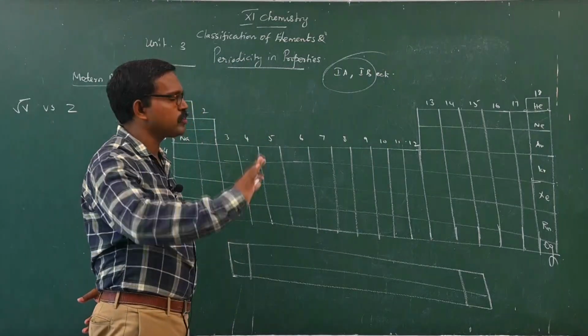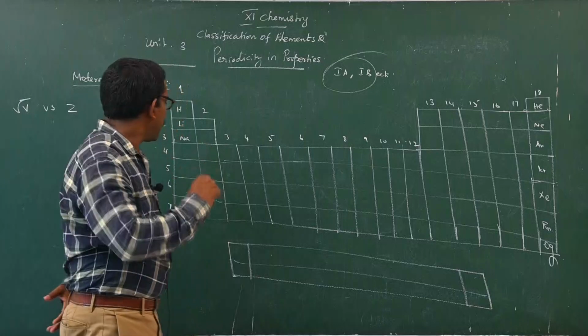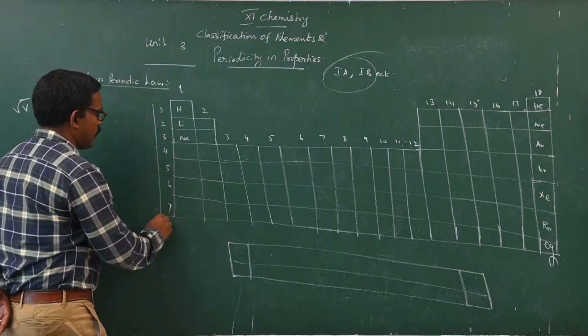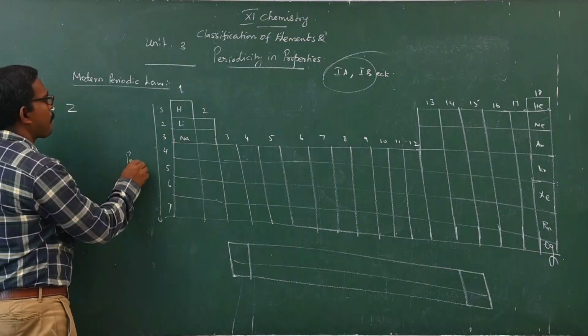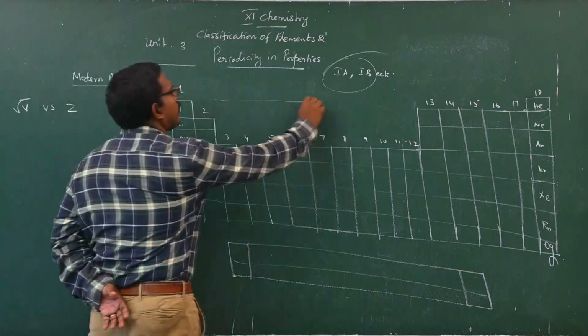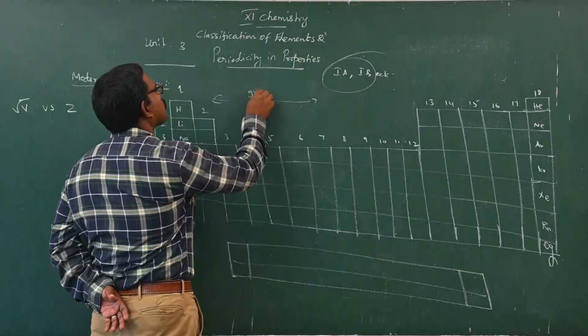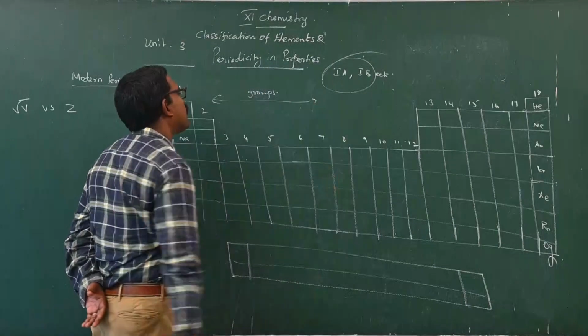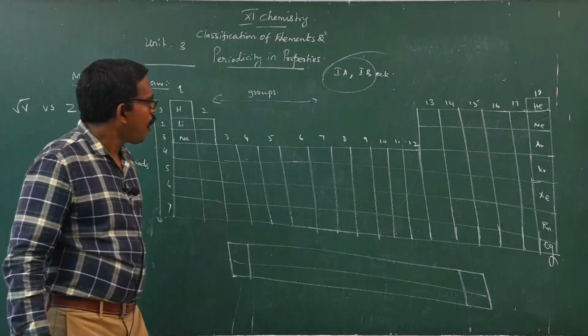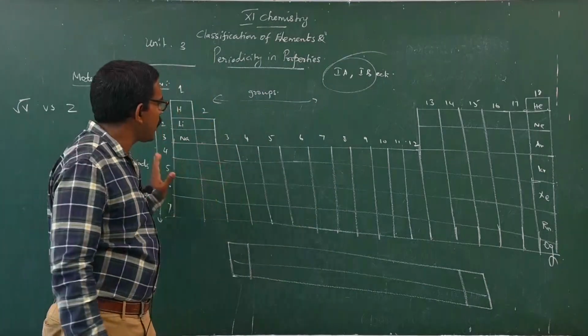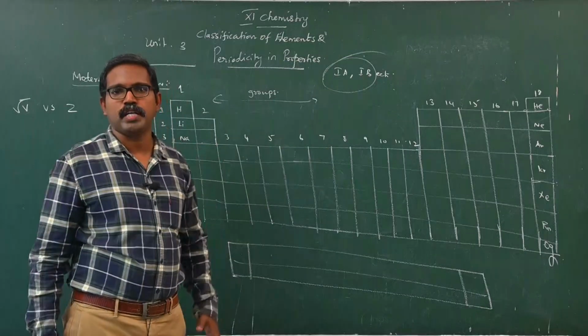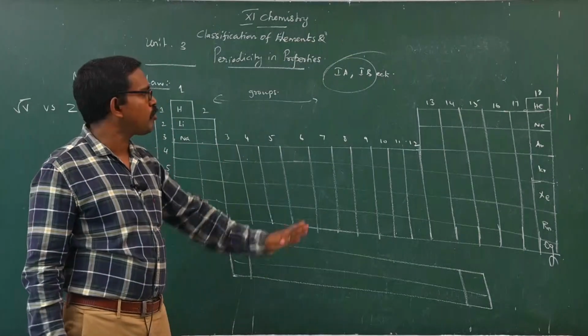The periods are numbered from 1 to 7. These are periods, and 1 to 18 are groups. Groups are the vertical columns and periods are the horizontal rows.